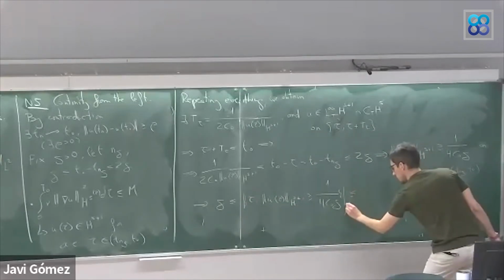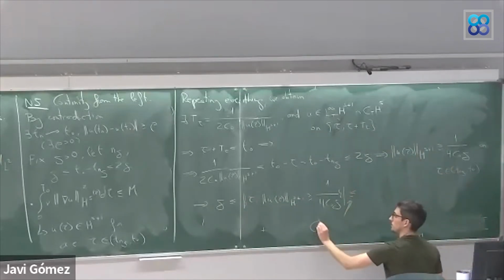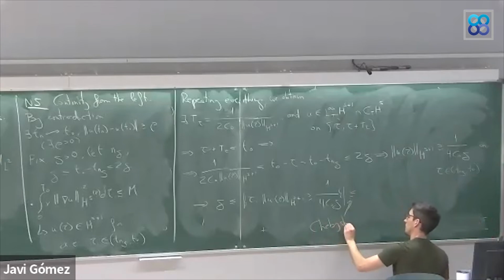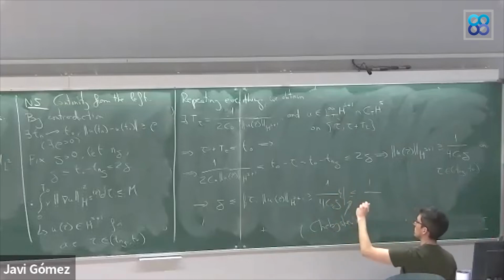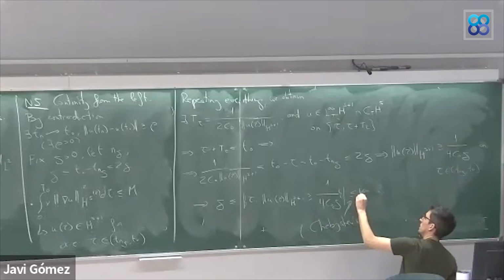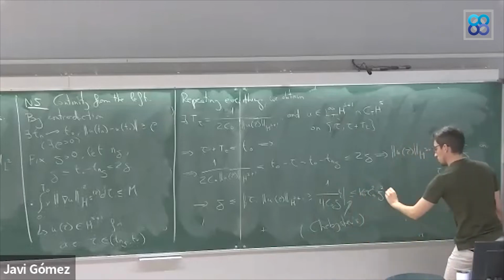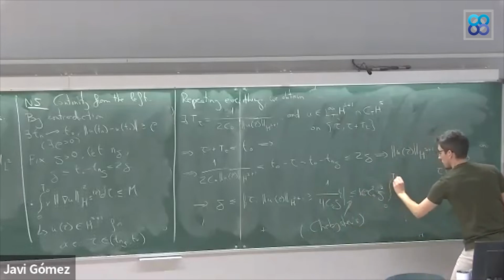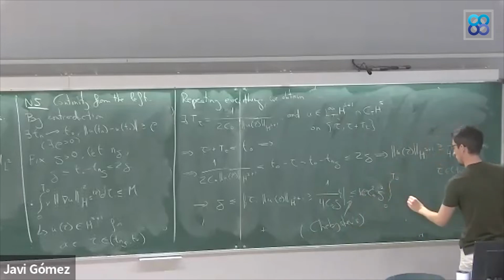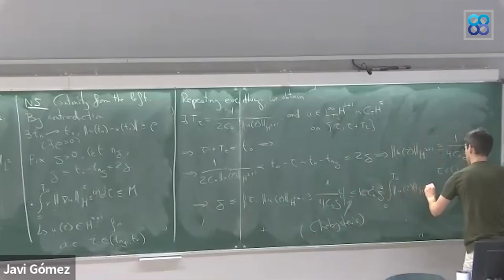And this is smaller than 1 over this square. This is the L2 norm, so we bound it by the whole thing, the integral of the norm of u tau in Hs plus 1 squared.